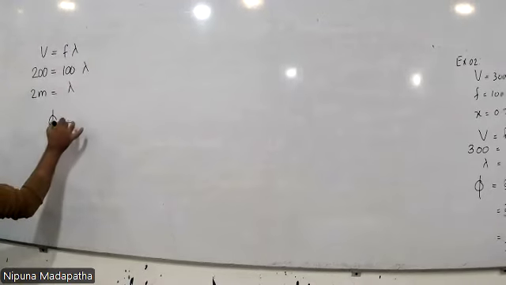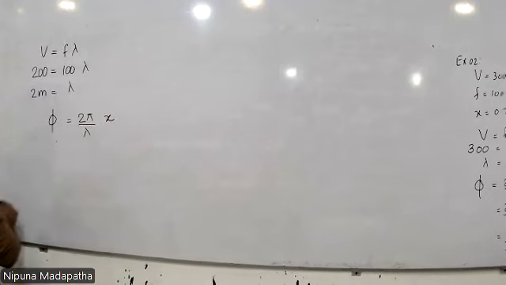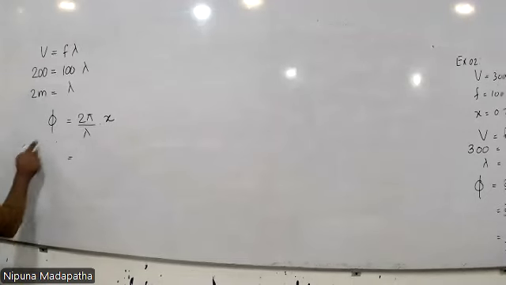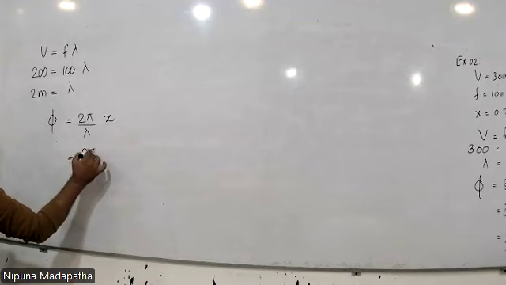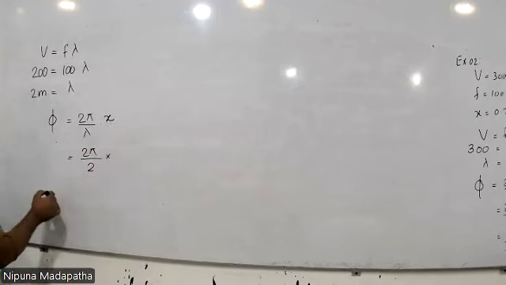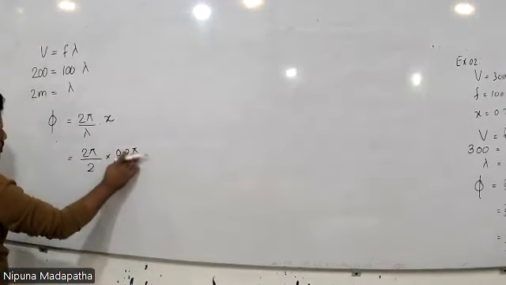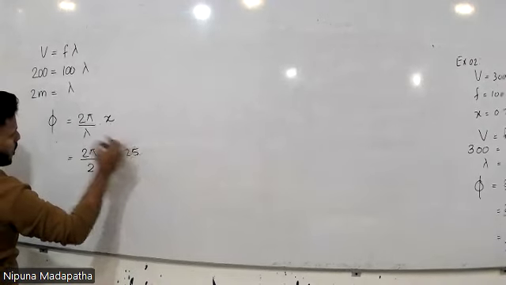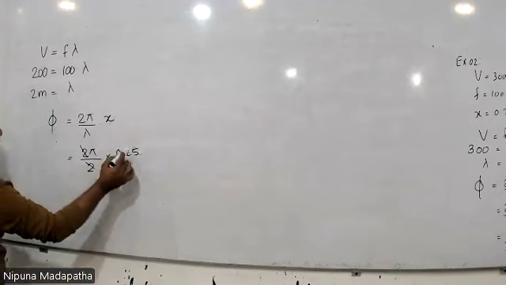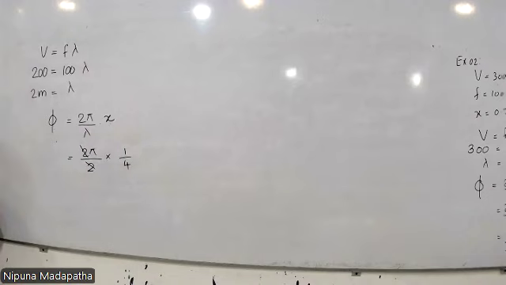Then the phase difference is 2 pi divided by lambda times x. Lambda is 2 meters, x is 25 centimeters, which means 0.25 meters. 0.25 is 1 over 4.